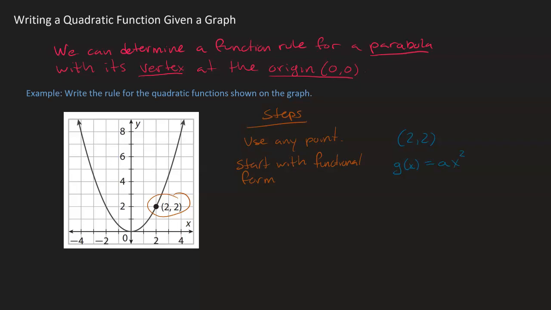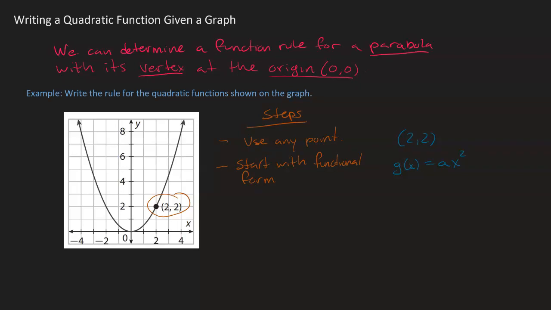Noticing that this is essentially the parent function. Yes, I'm using g of x. I could have used f of x, but I'm not using that because I'm implying that this is a different function outside the parent function, but it really doesn't matter which letter I use here. Just keeping it standard, I'm using g of x. Okay, so that's the second step.